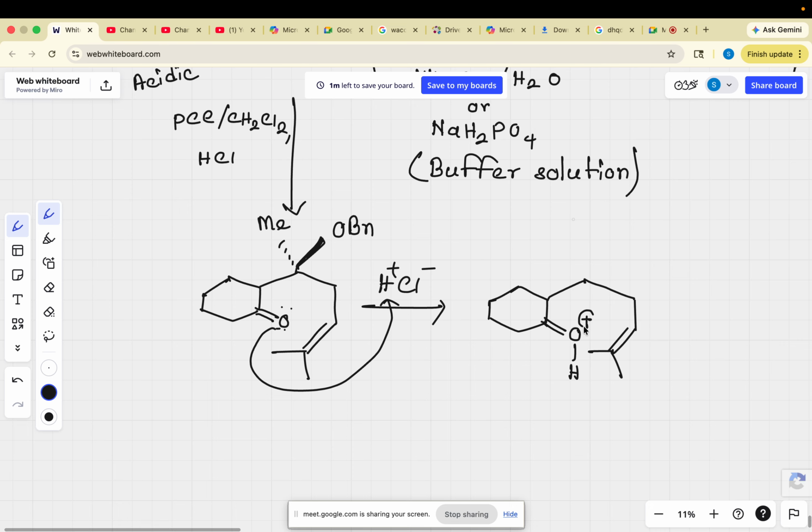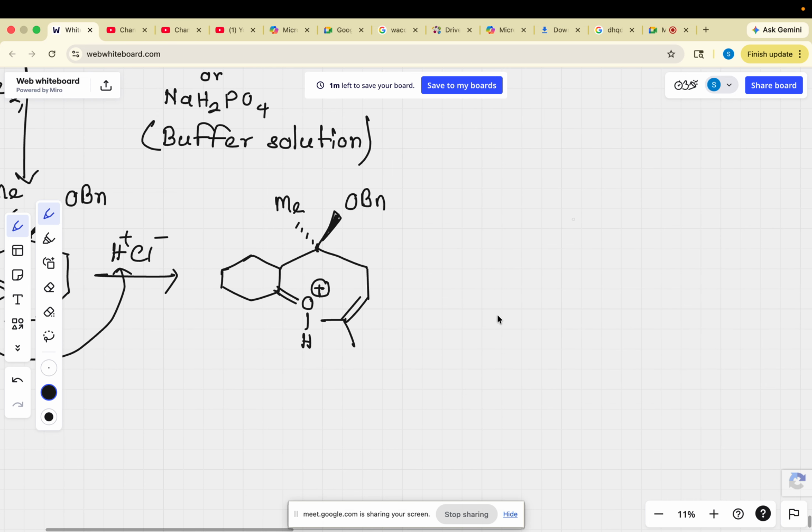So you have a positive charge here. Here I have a methyl group, and here I have OBn. Now when it is getting protonated, there is a chance of carbocation formation.